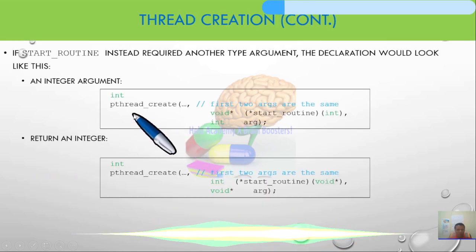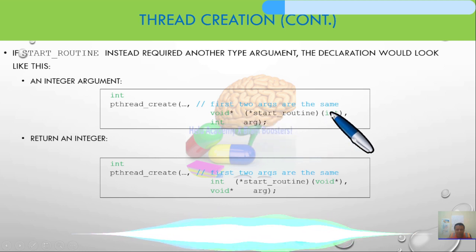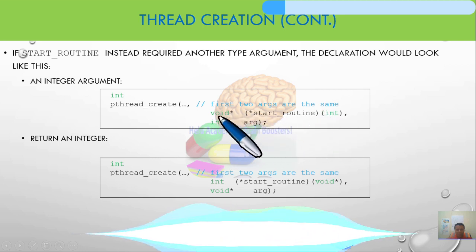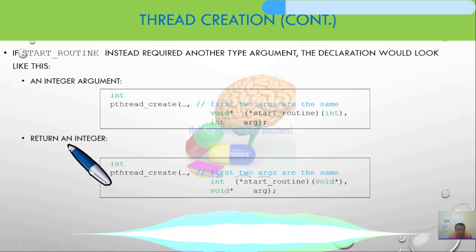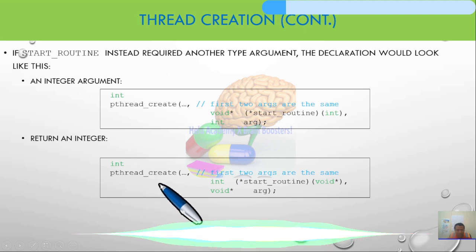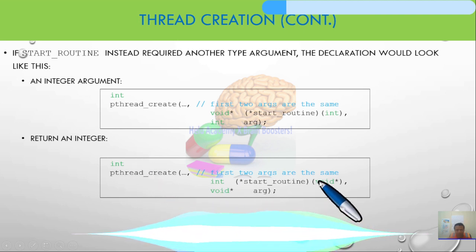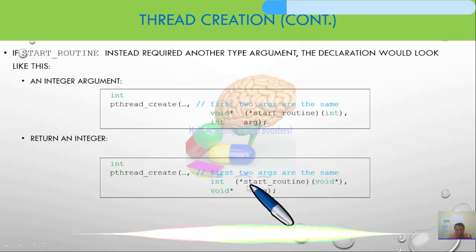The first two arguments are the same, and the routine returns an integer. Again, pthread_create with void, and the first two arguments are the same as well.